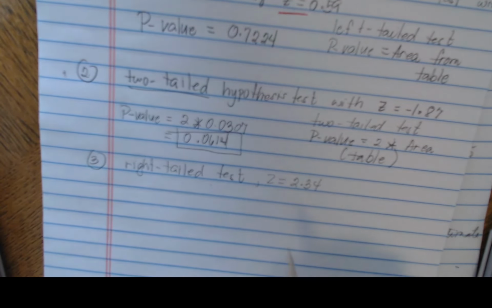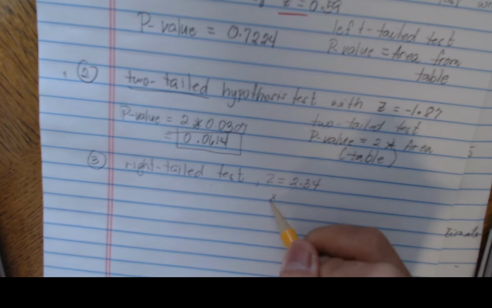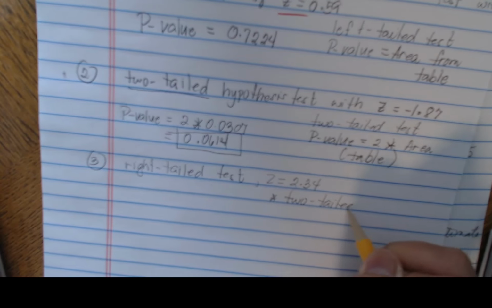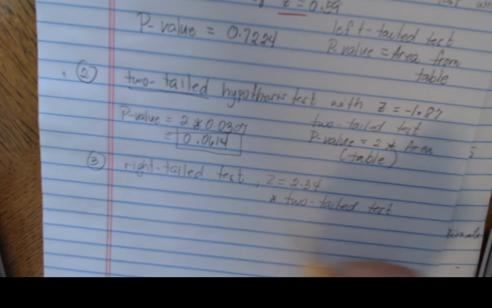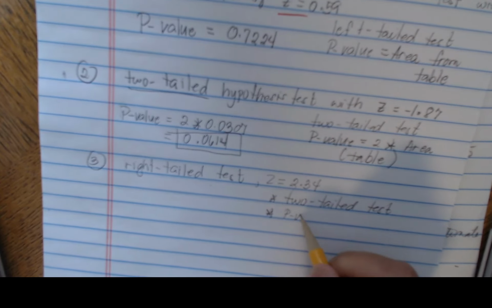So this is our test statistic, and we're looking for the probability value for a right-tailed hypothesis test. So what do we have? We have a right-tailed test, and we have a p-value.